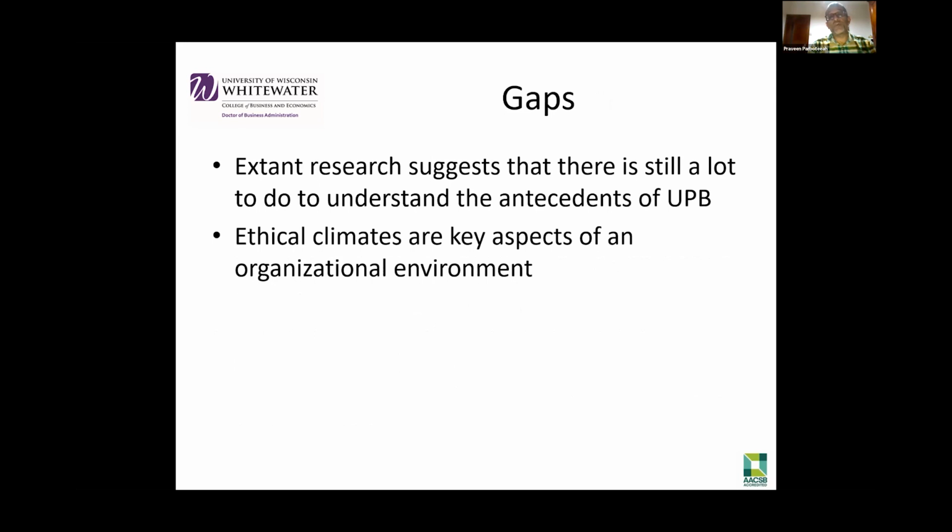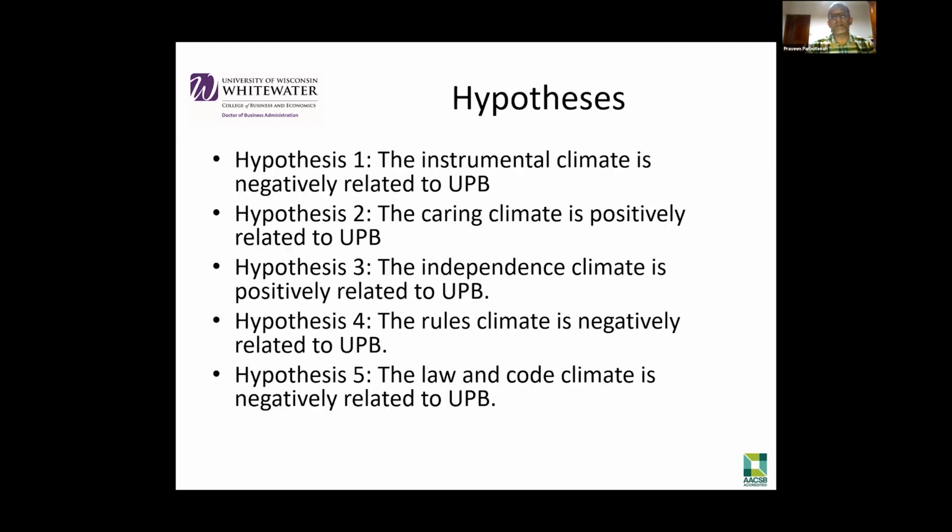We are trying to understand the gap that exists, and ethical climates are very important components of that. We basically have 5 hypotheses, and I won't get into the details. The ethical climate has 9 different dimensions, but empirical testing has shown the existence of only 5.